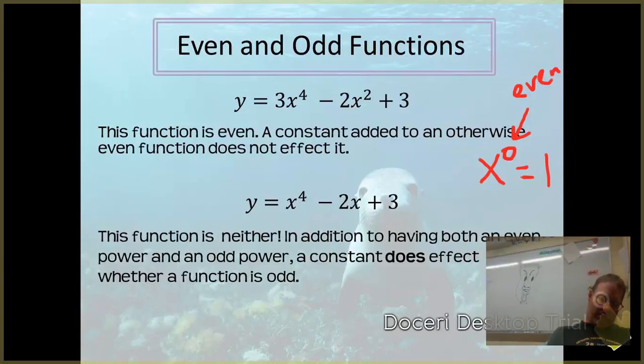Because now when I have this 3 here, I can think of that as being 3x to the 0. And now I have an even, and an even. If I put an x to the 0 here, I have an even and an even, but here is an odd. Hopefully that helps you understand the constant at the end. Think of it as 3x to the 0.